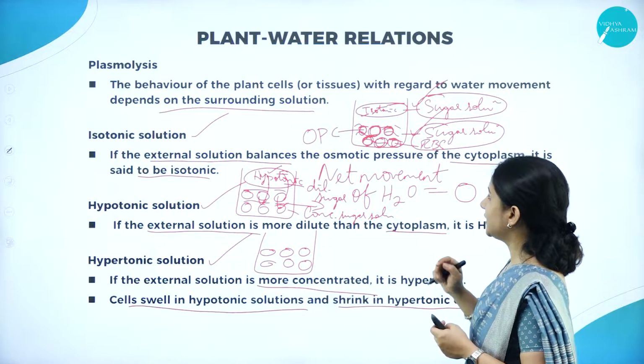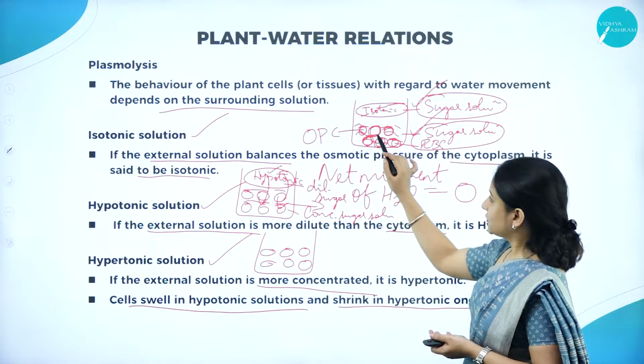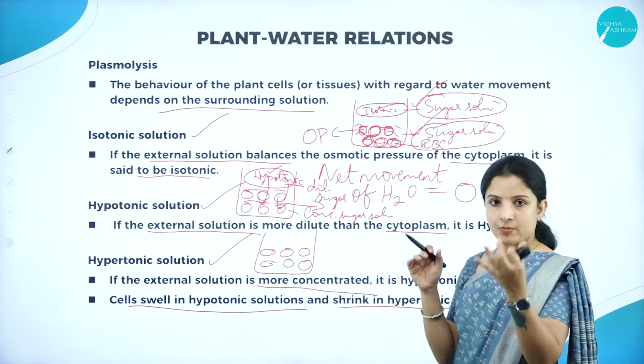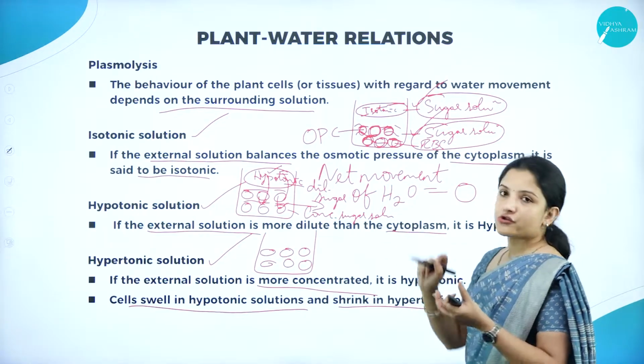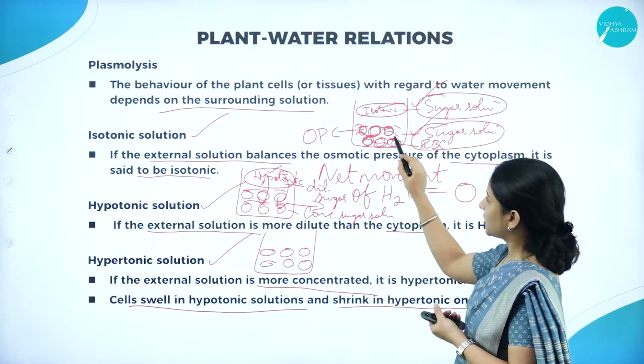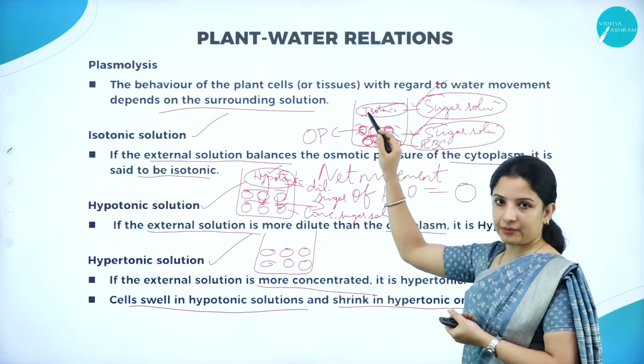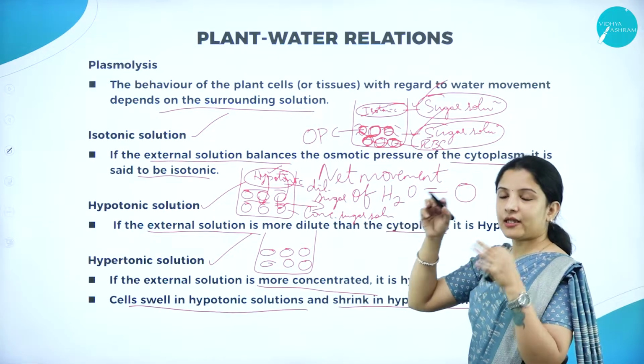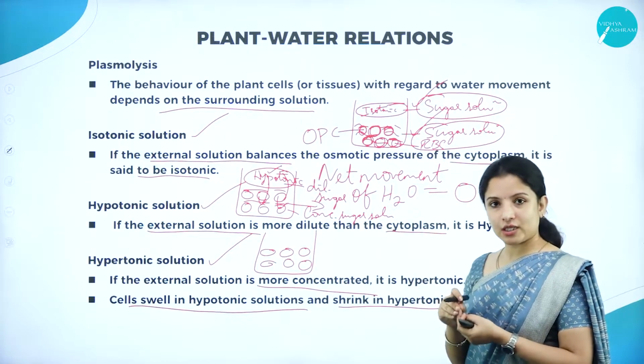So to make you clearly understand, for isotonic solution, here I have taken a beaker, I have put sugar solution here. The concentration of sugar solution in the beaker and in the external medium are both the same. Therefore, the solution is isotonic here.